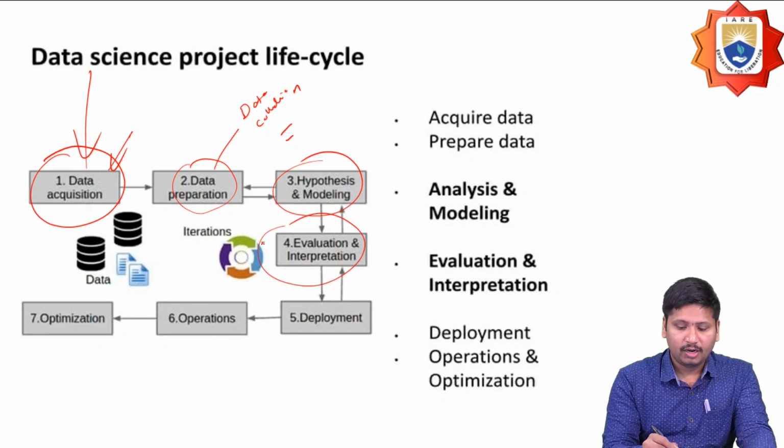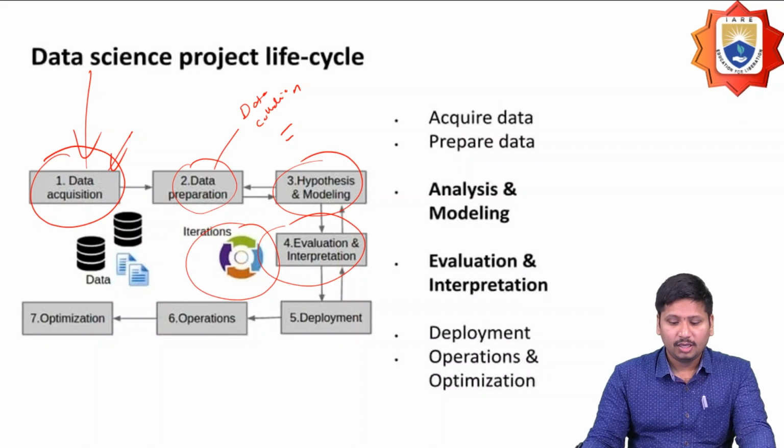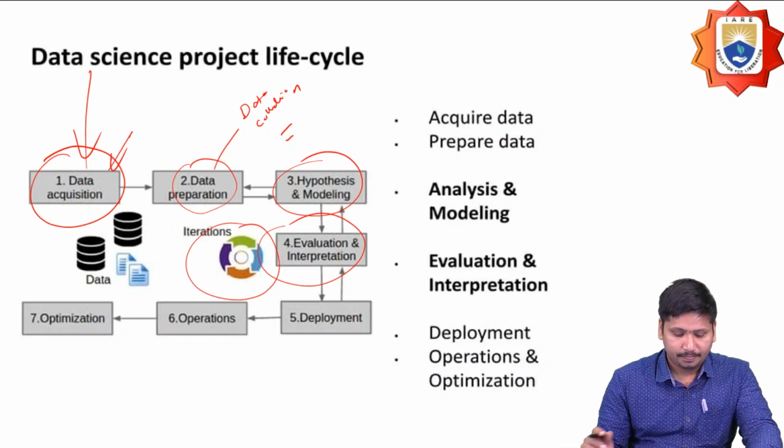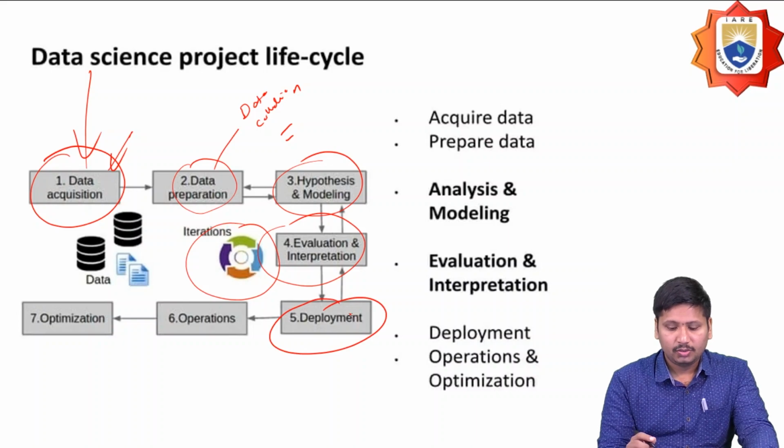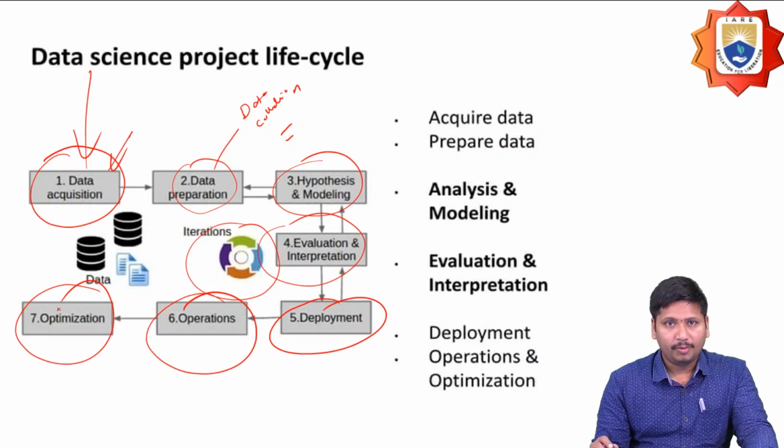Once that is done, I can represent it in the form of various charts or graphs, making use of multiple iterations. Once that is done, we can move on to deployment. Once the preparation is done, the deployment is done, then it is sent to the various operations, and finally you can make the optimization.